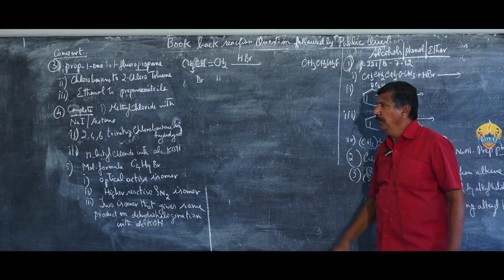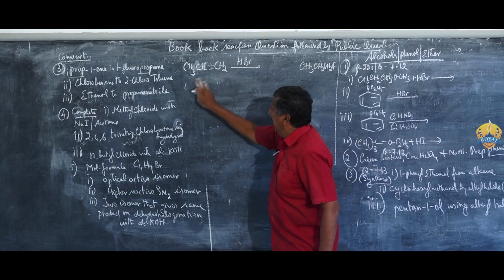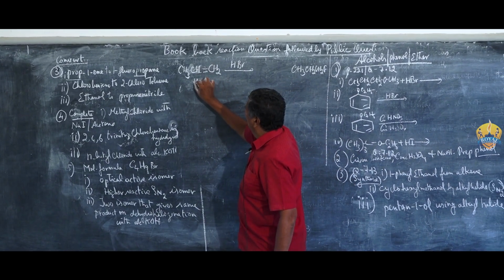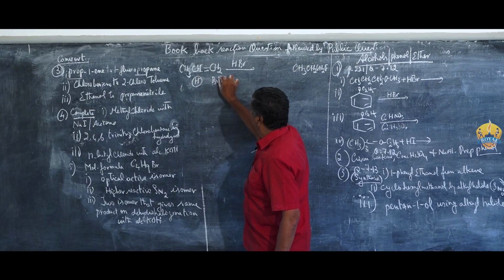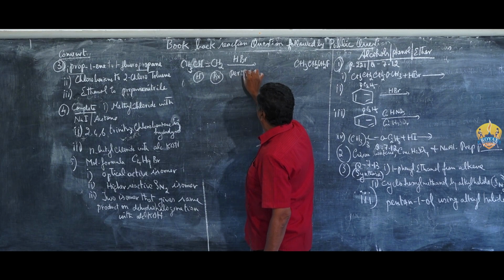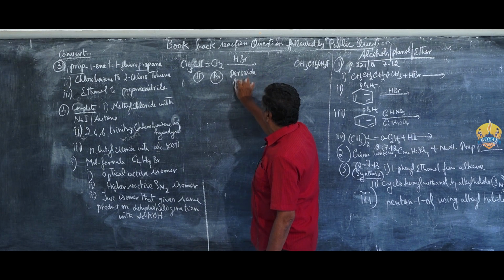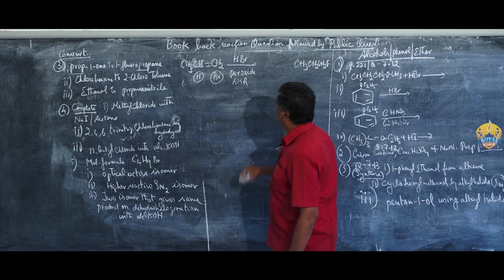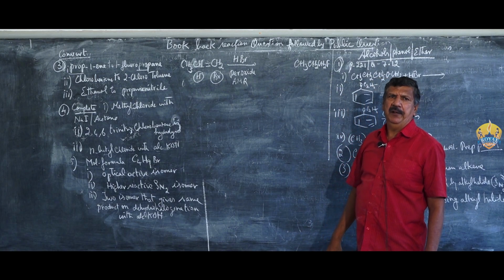So what you have to do is add like this. When you want to add like this, it is against Markovnikov rule. So you have to add peroxide, because we want to follow anti-Markovnikov rule.